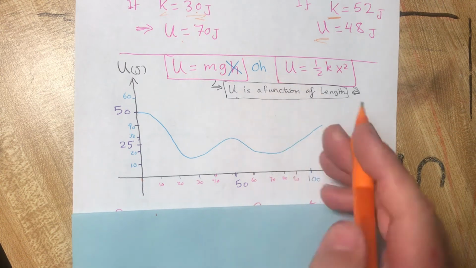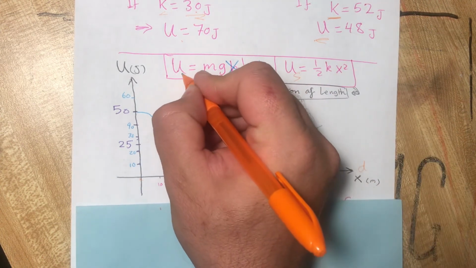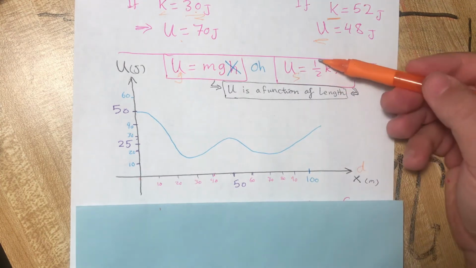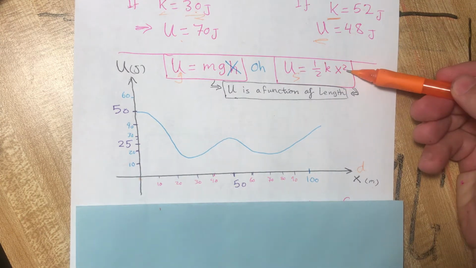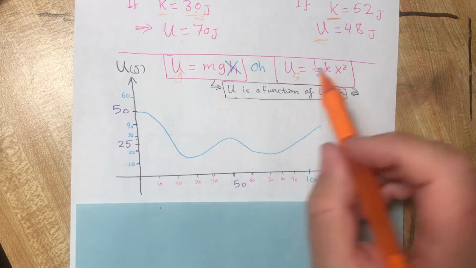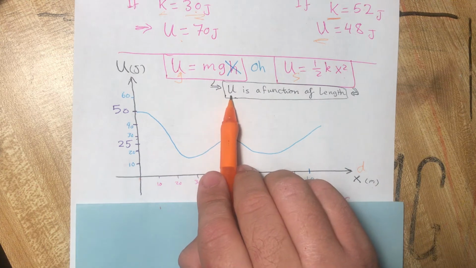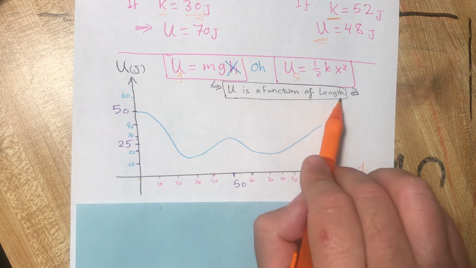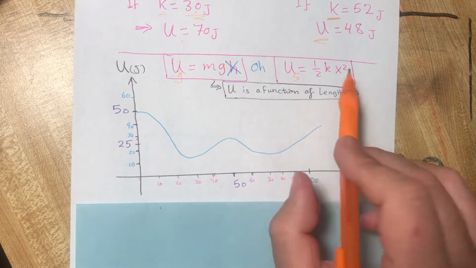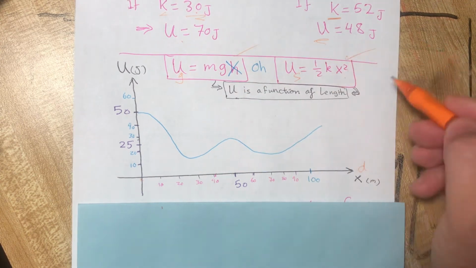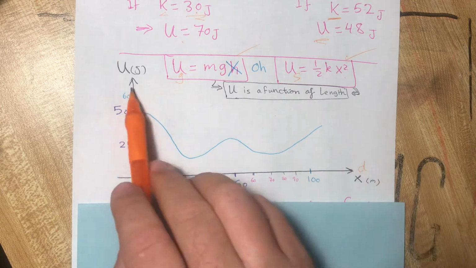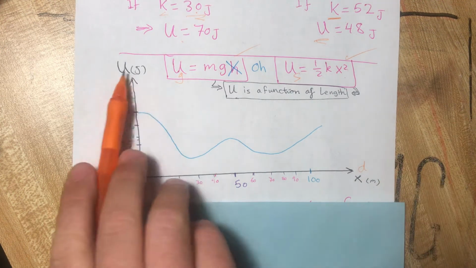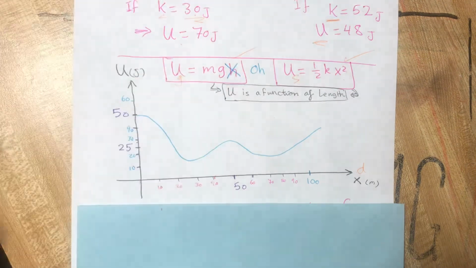Also, the potential energy due to a spring, and this one was for gravitational, is equal to half kx squared. So from this formula or this formula, U, the potential energy, is a function of length. It is clear that it is a function of length. So the XY plane is length with potential energy.